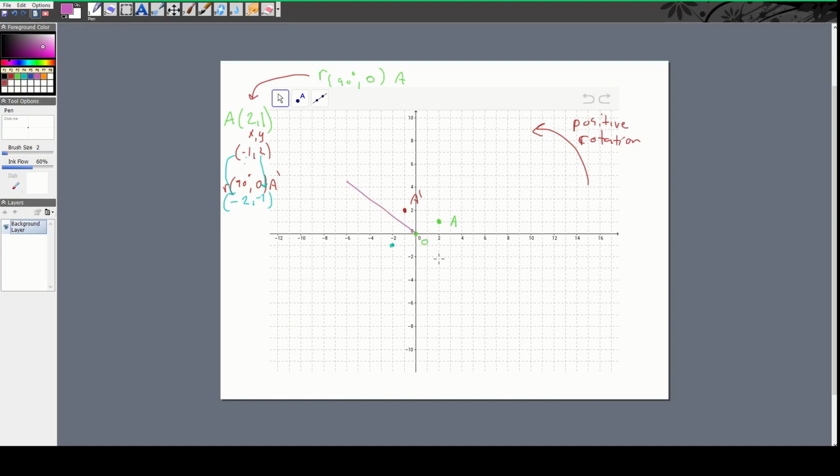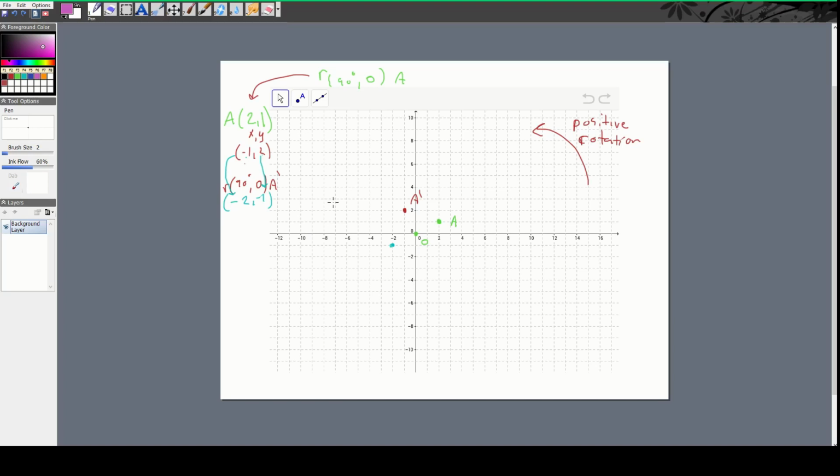If I were to have asked you to reflect A across the line y equals -x, we would have gotten the same thing, right? Same distance, up 1 over 2, down 1 over 2 in the opposite direction. This rotation of 180 degrees is the same as the reflection of y equals -x. And that is what I kind of mentioned earlier, or I'll mention in a minute. Rotations are just a composition of reflections. Translations can be as well.